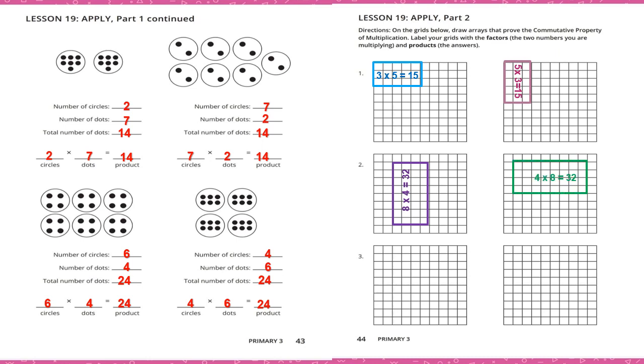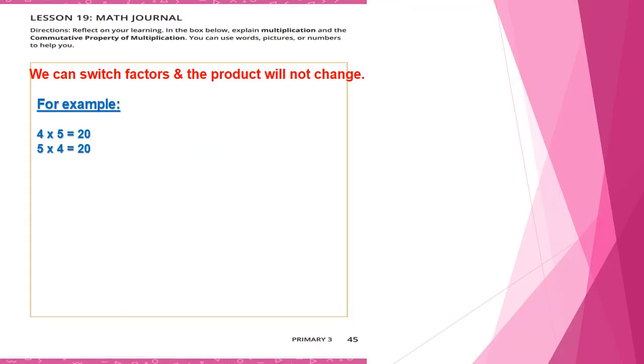We can switch factors and the product will not change, so it will be 4 times 8, 4 rows and 8 columns. The last example, we have this array 5 times 6, 5 rows and 6 columns equals 30, and the commutative property for it, 6 times 5, 6 rows and 5 columns equals 30.